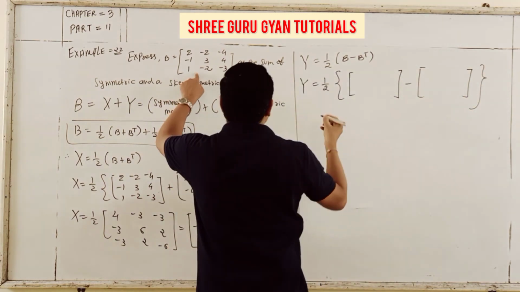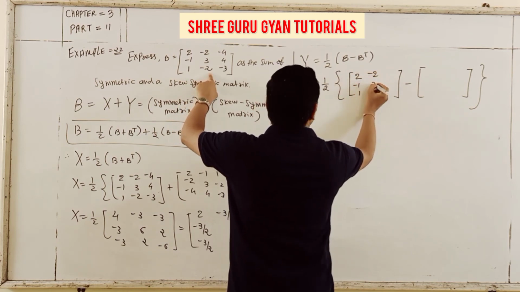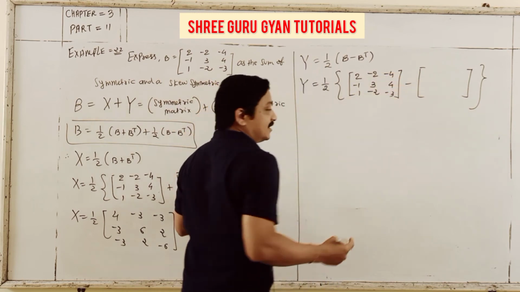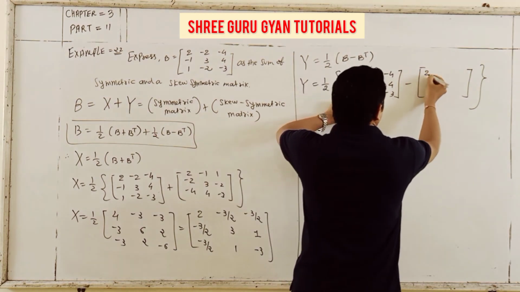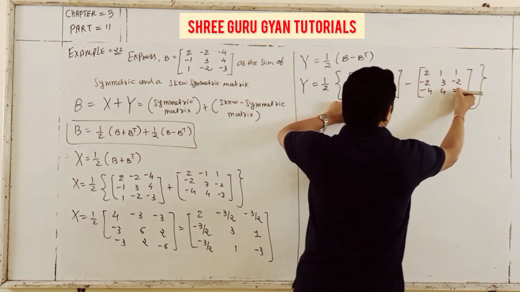What is your B? So 2 minus 1 1, minus 2 3 minus 2, and minus 4 4 minus 3, and it will take the transpose of B. So 2 minus 2 minus 4, 1 3 4, and 1 minus 2 minus 3.